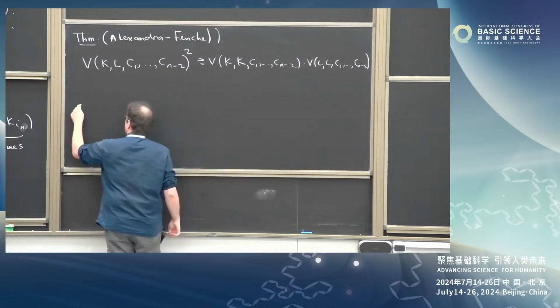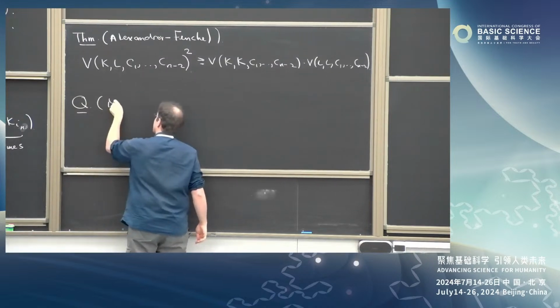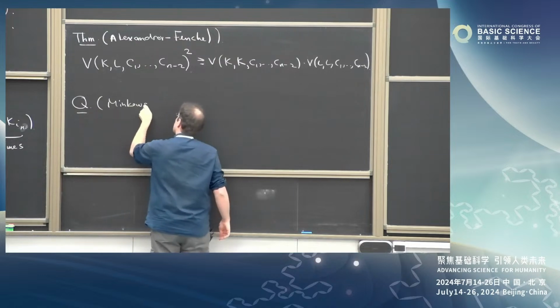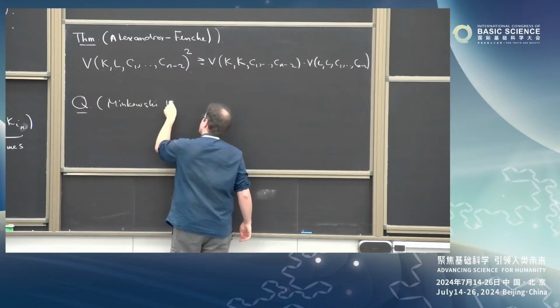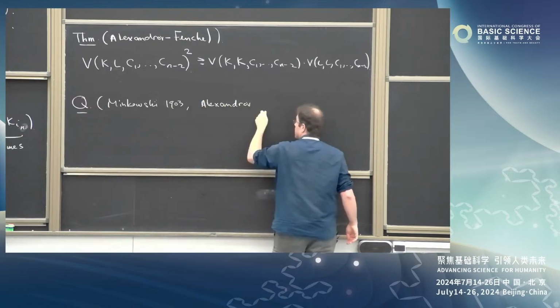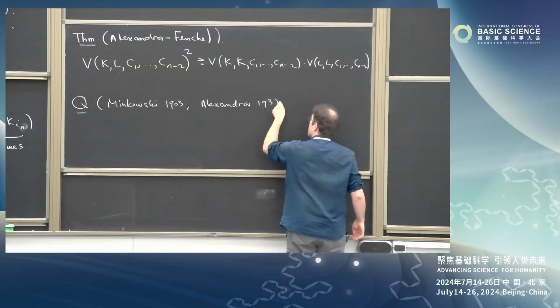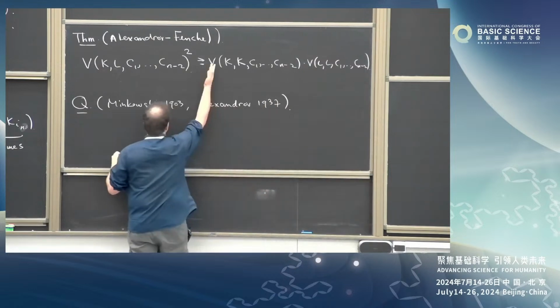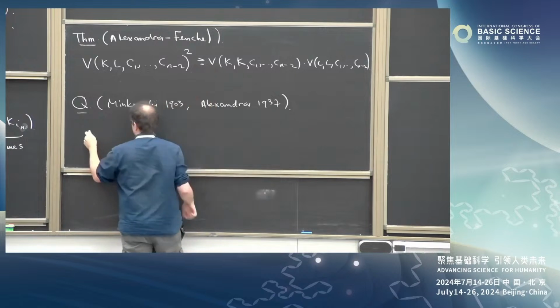And now the basic question that I'm going to talk about, and this question dates back to Minkowski in 1903. You know, this appears in these stuff. Which is, this is an inequality.